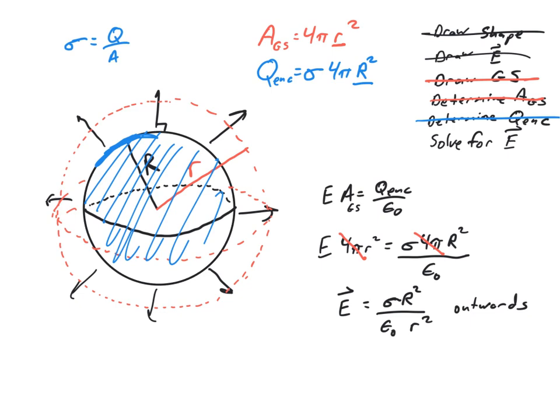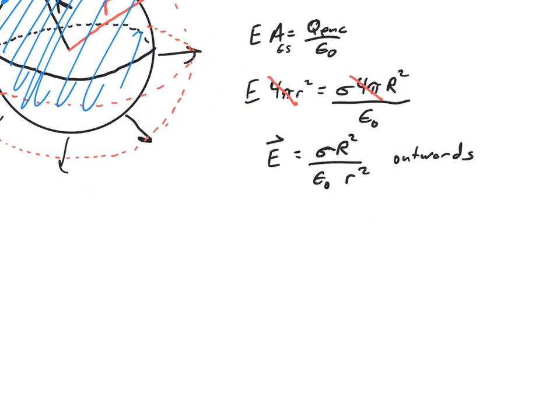Previously, we've had that the electric field outside of a point charge or sphere is equal to k q over r squared in the r direction, which is what outwards is. Are these the same?